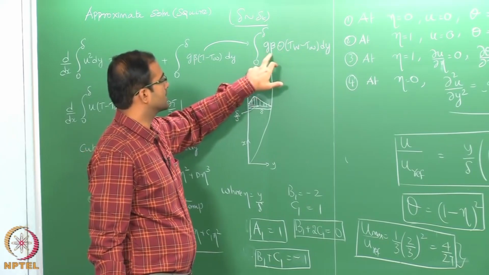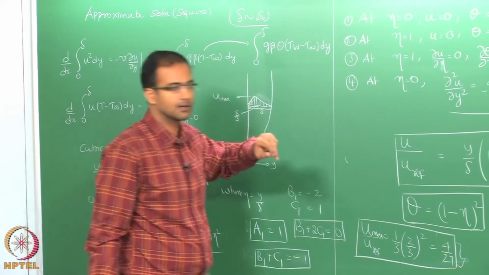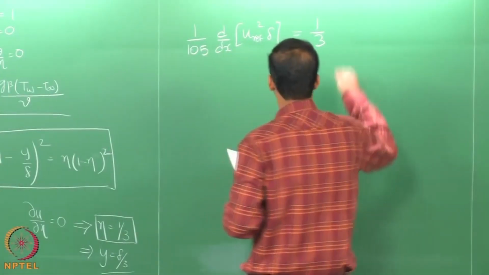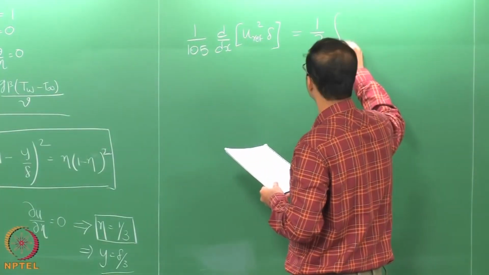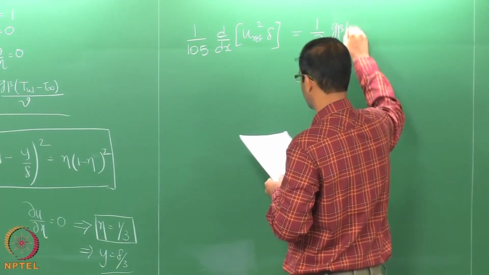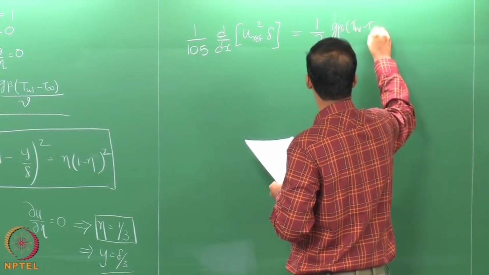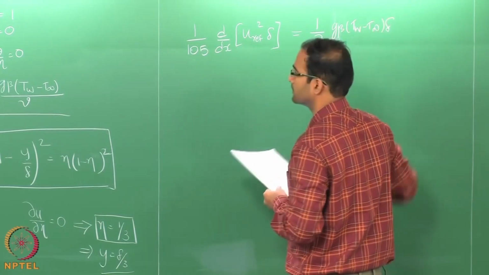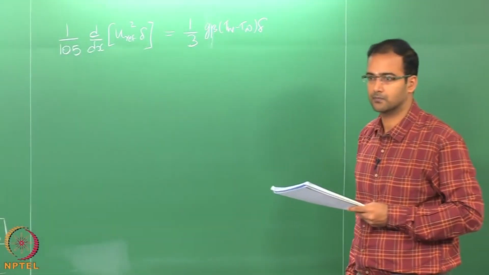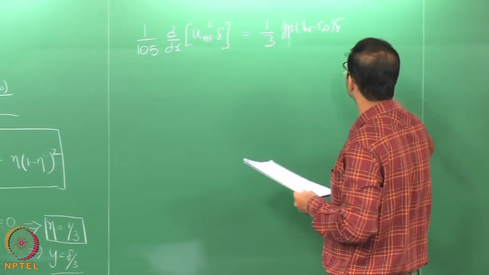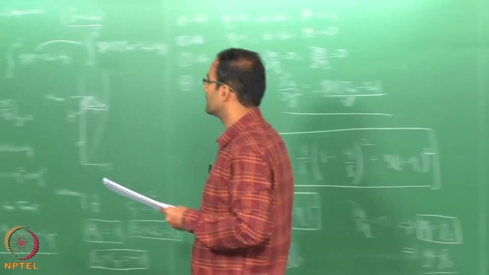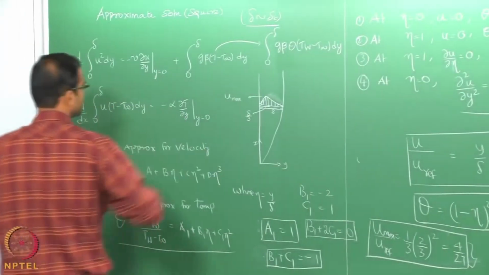The others are all constant, g beta t wall minus t infinity. If you integrate it, you will get 1 by 3 as the constant, and then you will have g beta into t wall minus t infinity into delta. So dy you can write as delta into d eta. And you also have minus nu into du by dy at y equal to 0.